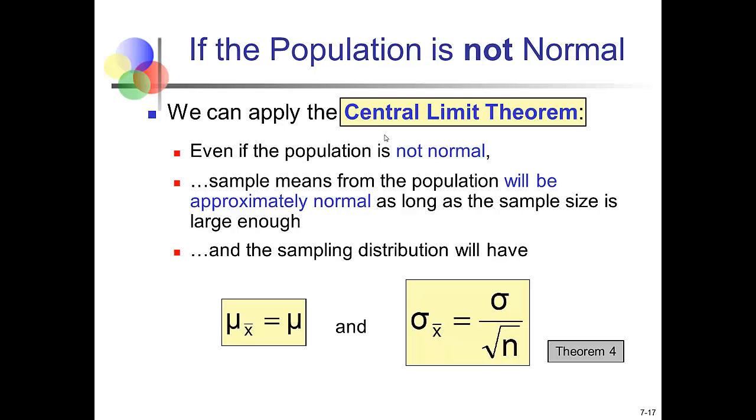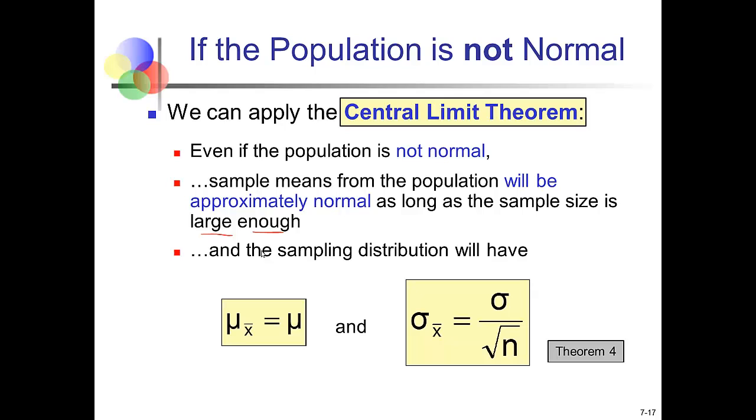That allows us to use normdist, which has all kinds of great properties associated with it. So if the population is not normally distributed, we can sometimes apply the central limit theorem, which says that even if the population is not normal, the sample means will be from an approximately normal distribution as long as the sample size is large enough. Okay, what does that mean?